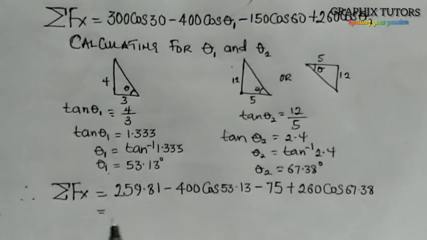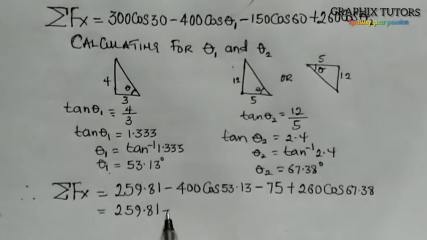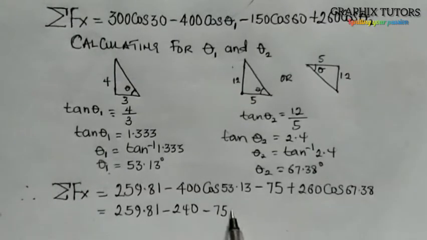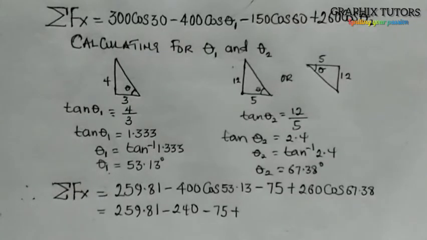Now this will give us 259.81 minus 400 cos 53.13, that gives us 240, minus 75, plus 260 cos 67.38, and that gives us 100, right?